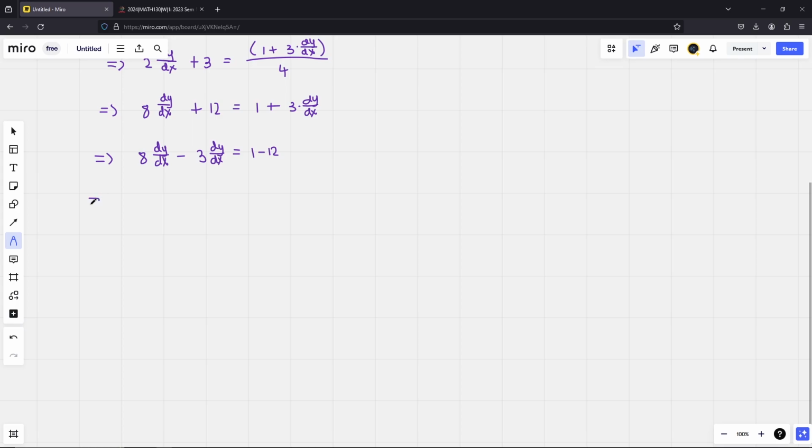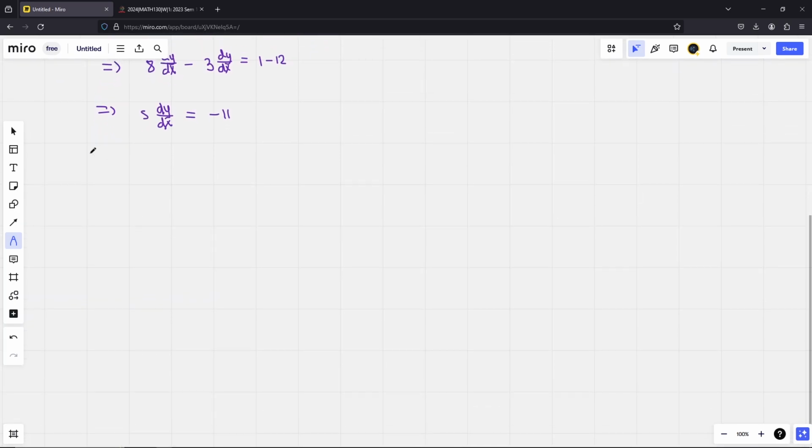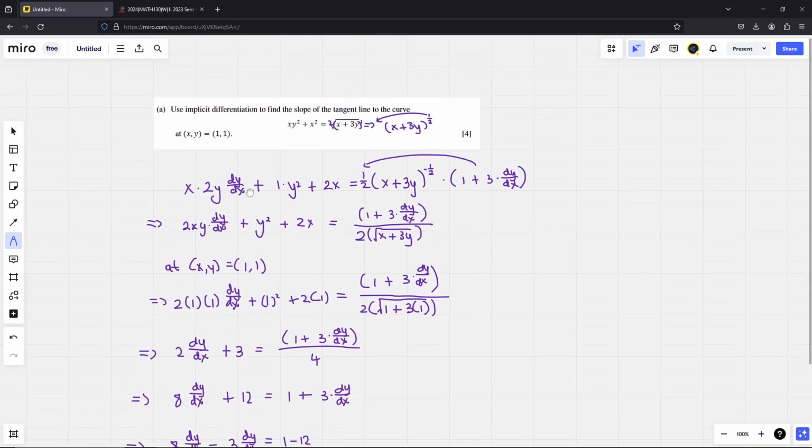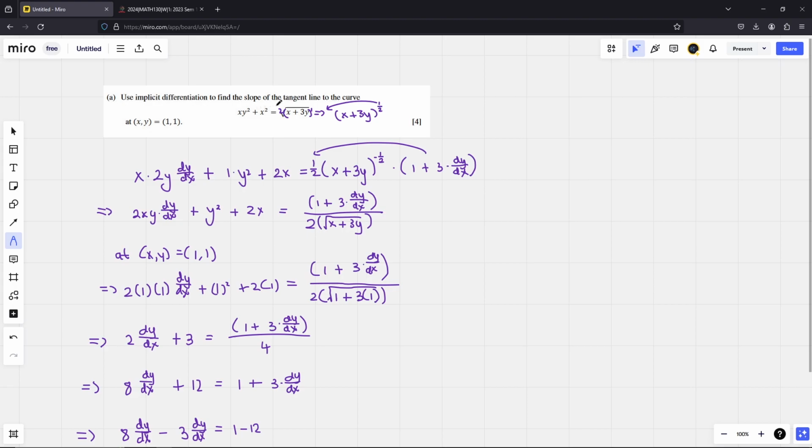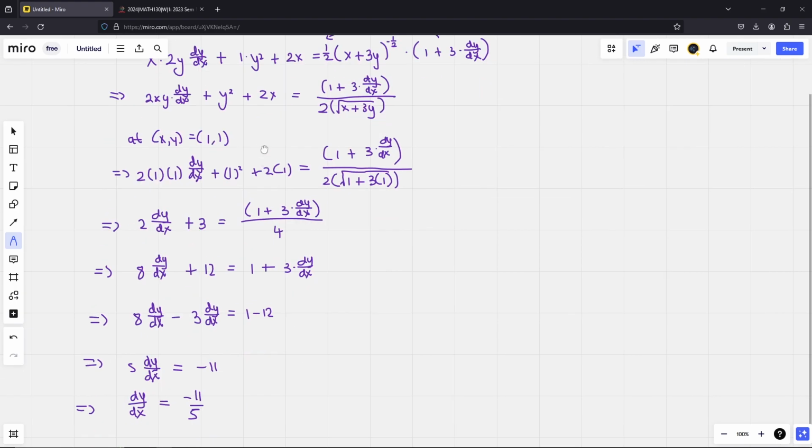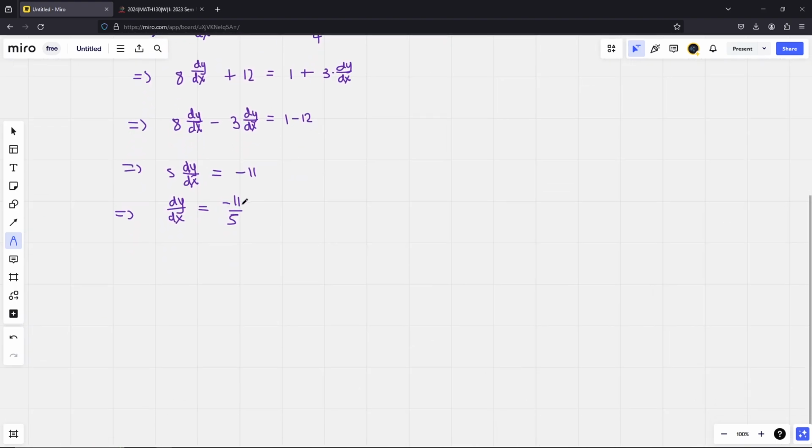So this is going to become 5 dy by dx equals minus 11. And dividing both sides by 5, we get dy by dx is equal to minus 11 all over 5. So what is the slope of the tangent line to this curve at the coordinates x, y, 1, 1? Well, it's minus 11 over 5.